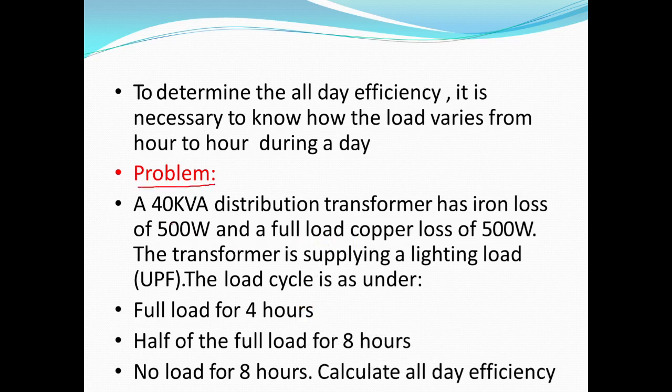To understand all day efficiency, we will consider a problem. A 400 kVA distribution transformer has iron losses of 500 watts and full load copper losses of 500 watts. The transformer is supplying a UPF load. The load cycle is: full load for 4 hours, half full load for 8 hours, 8 plus 4 is 12, and no load for 8 hours, that is 20 hours.